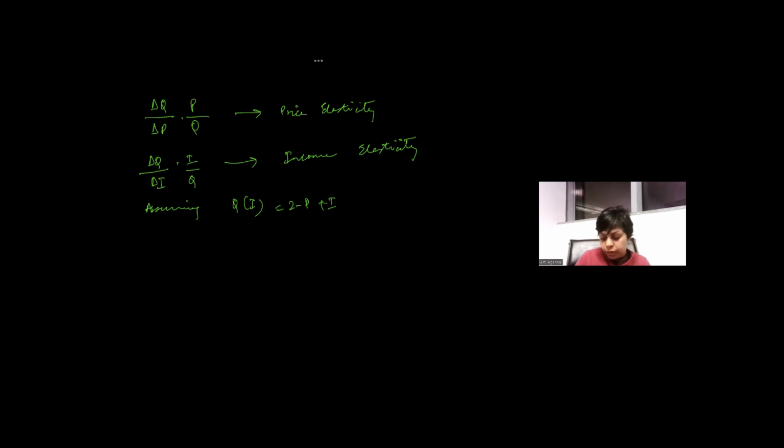Then you see that the I is entering into the expression for demand. So that is what it is. And there is also cross price elasticity. If you want to see the change in quantity based on the change in price of substitutes.